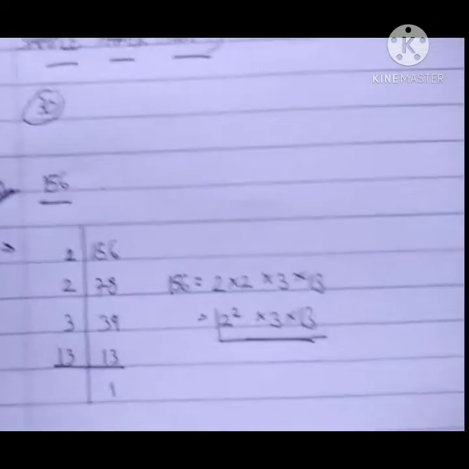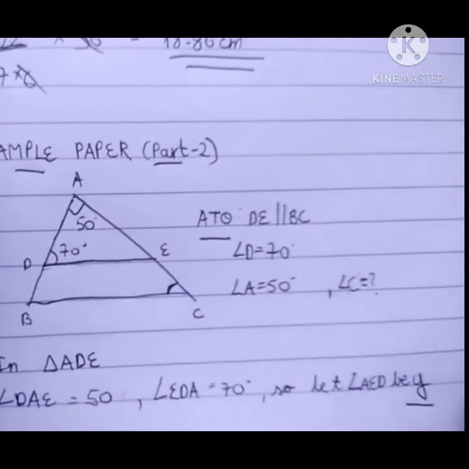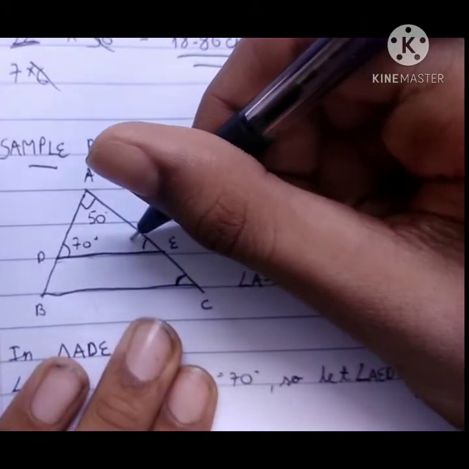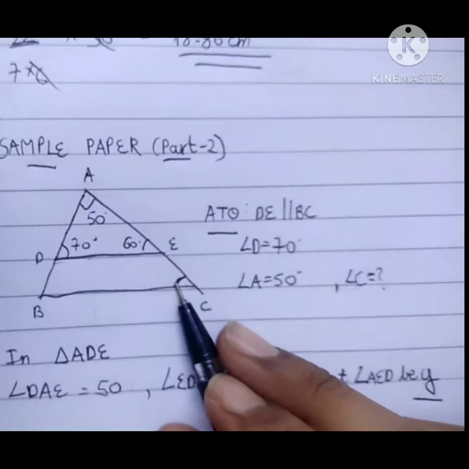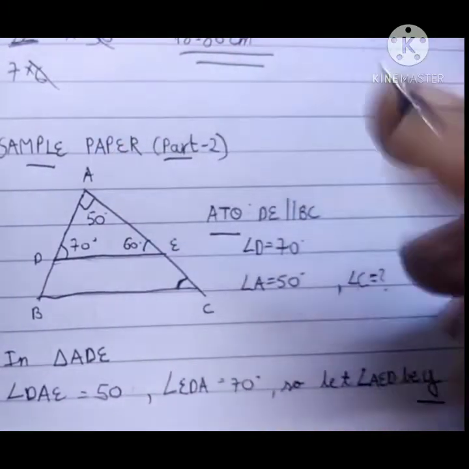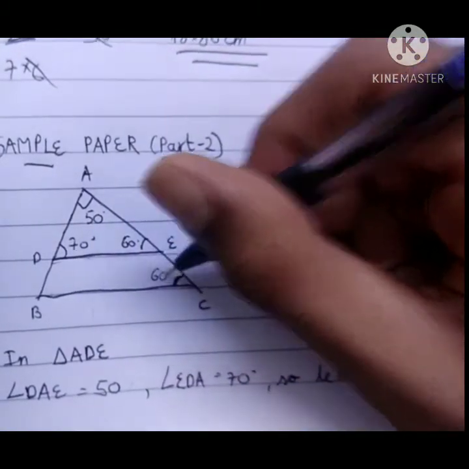Now let's see the diagram again. Let me move the camera up here. Here we got this angle E, which is y, as 60 degrees. But we want to find C. We can see that E and C are Z angles, and Z angles are always equal. So angle C would also be equal to 60 degrees.